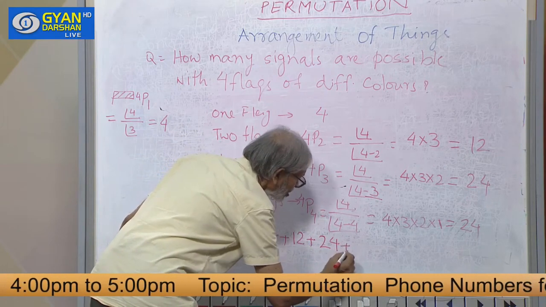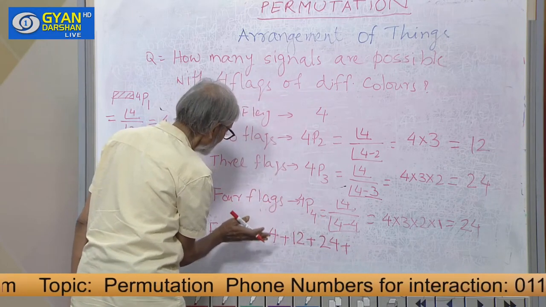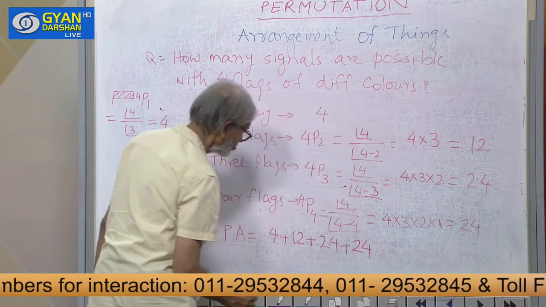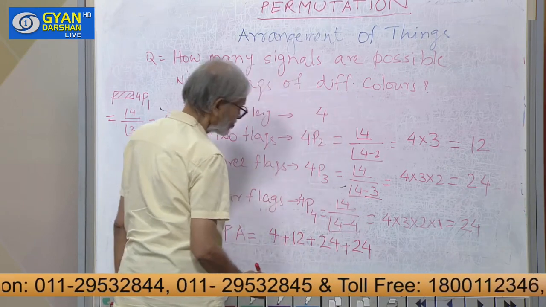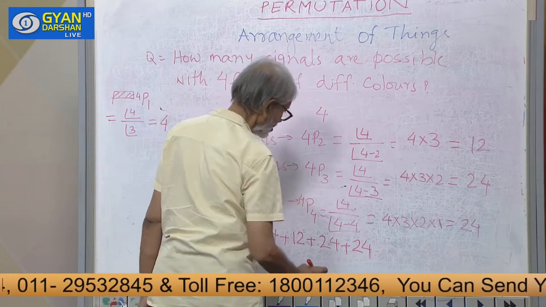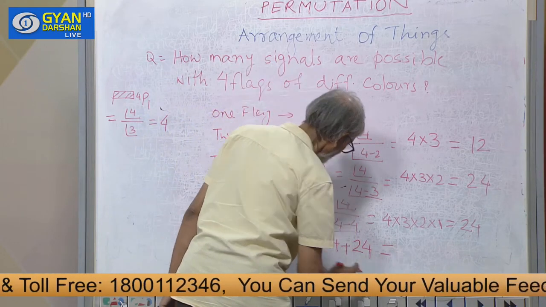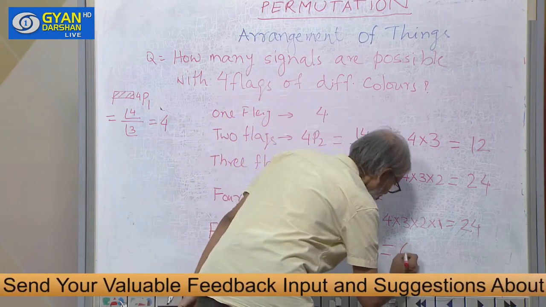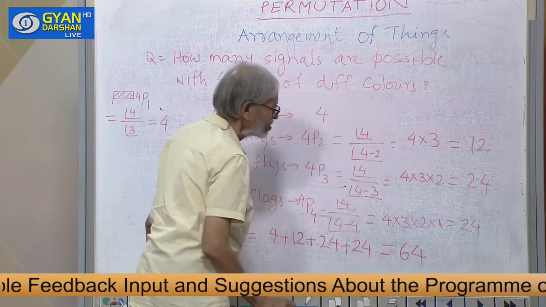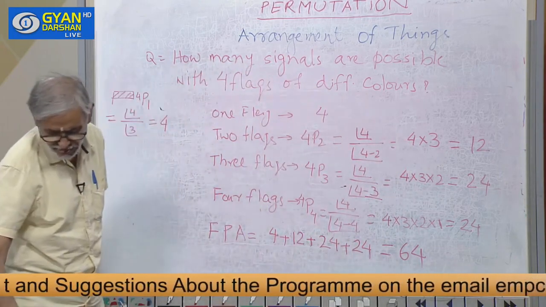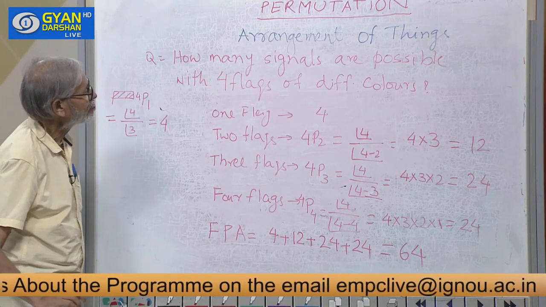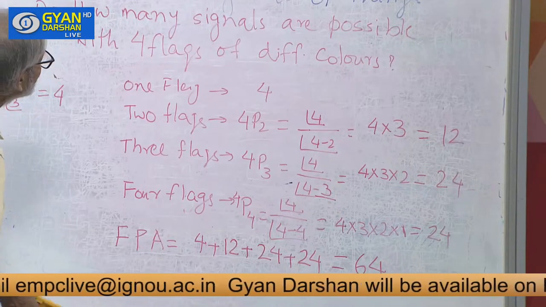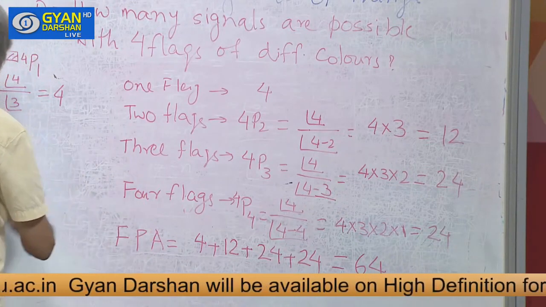So we will add all this: 48, 60, 64. This will be equal to 64. So it is quite interesting mathematics.